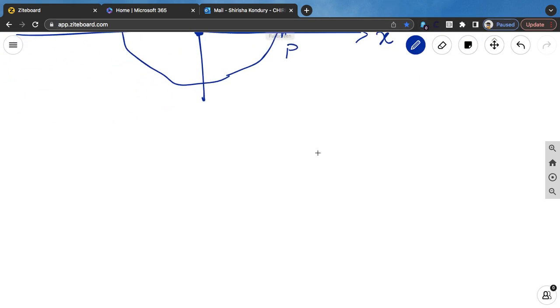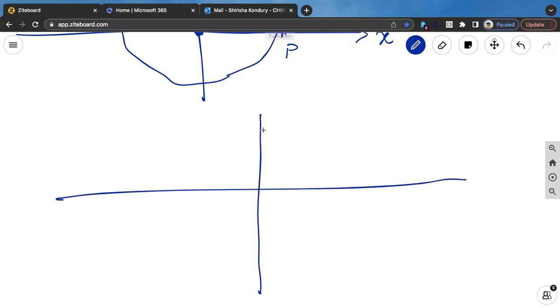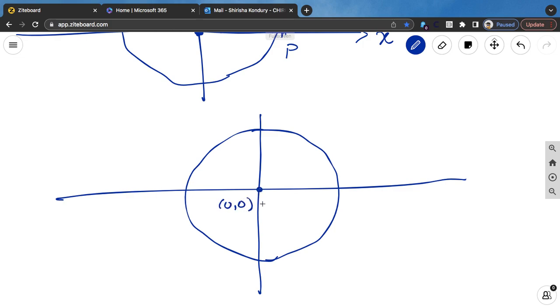Now that we understand the meaning of unit circle, let me draw something. I have a unit circle with origin as the center. The radius is 1. So what will this point's coordinates be? 1, 0.